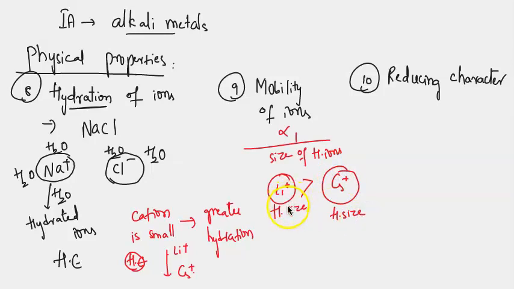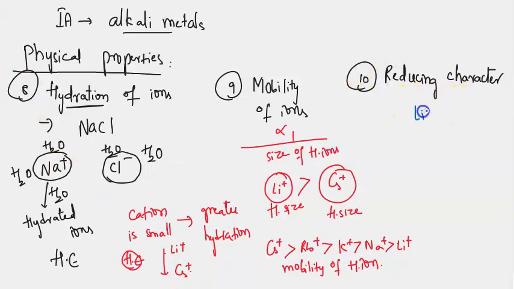Hence mobility will be greater for cesium plus compared to rubidium plus, greater than potassium plus, greater than sodium plus, greater than lithium plus. This is the mobility order of hydrated ions.